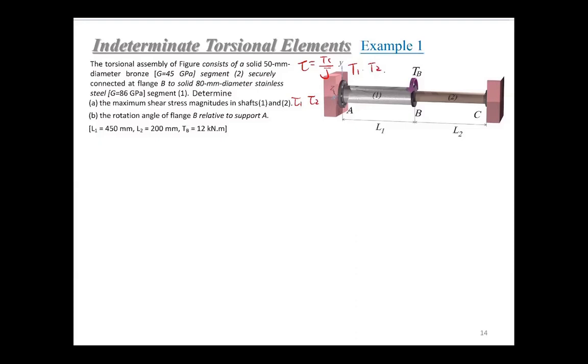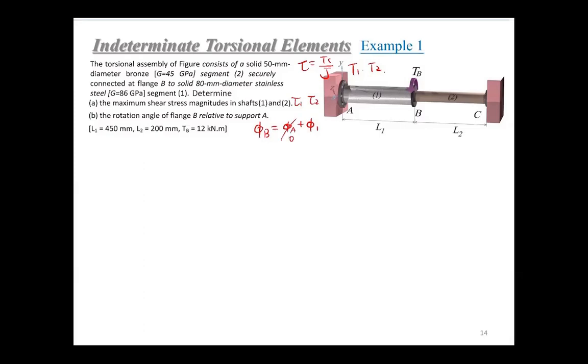Then the rotation angle of B with respect to A. Although phi A and phi C both equal 0, phi B can be non-zero. The flange B can be rotated. So we're actually determining phi 1, since phi B equals phi A plus phi 1, and phi A equals 0.